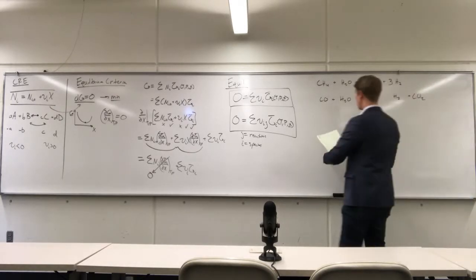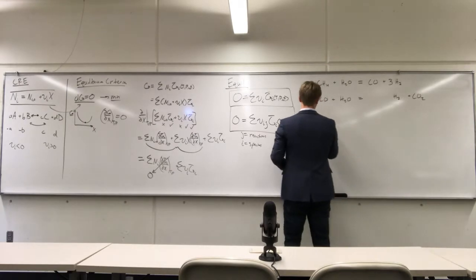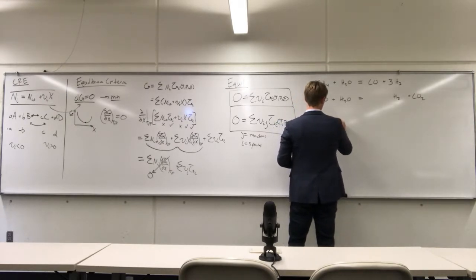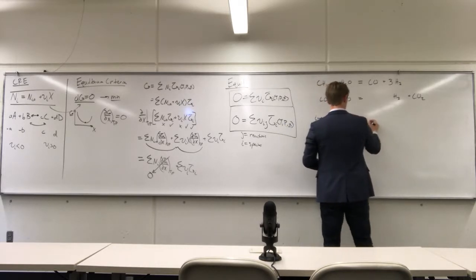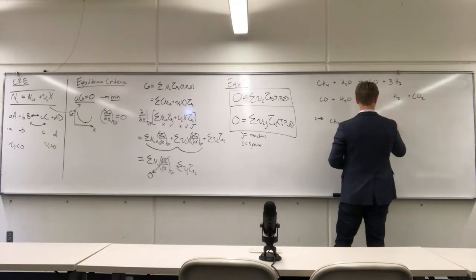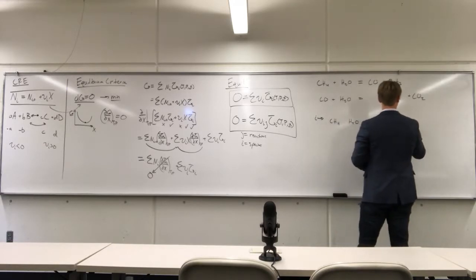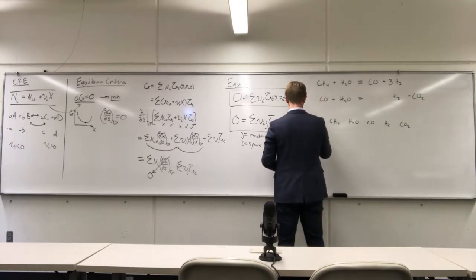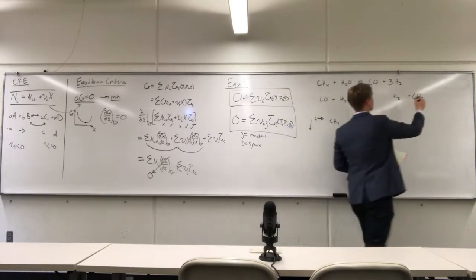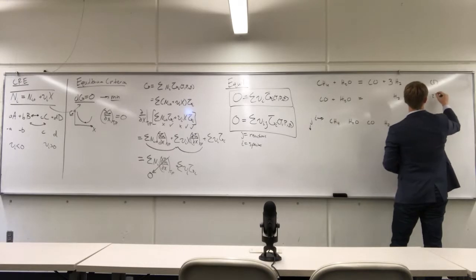So if we were to build up a little table here, we can have species i, so we have methane, we have water, we have carbon monoxide, we have hydrogen, and we have carbon dioxide. And then we have reactions going down here. So I'm going to call this reaction 1, let's say. I'll call this reaction 2.